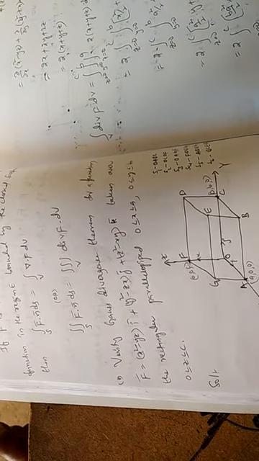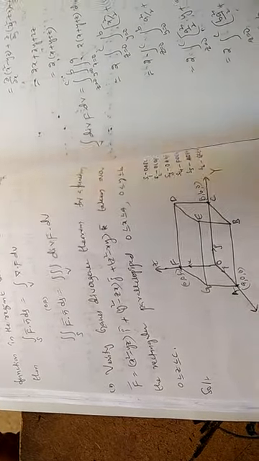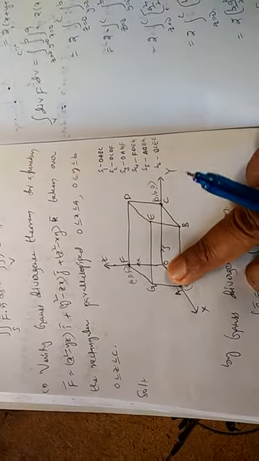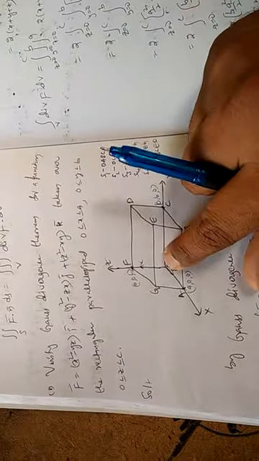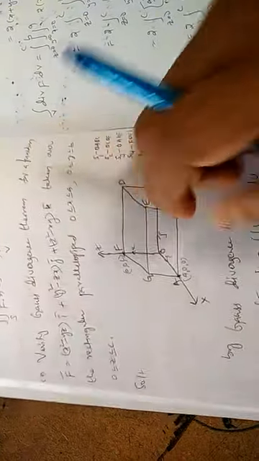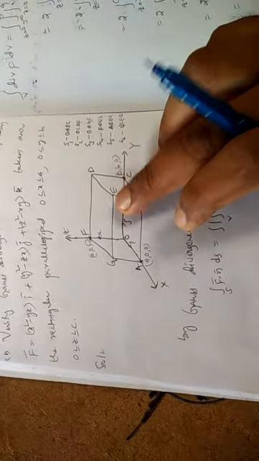It means x goes from 0 to a, y from 0 to b, z from 0 to c. That's why we have a rectangular parallelepiped, like a cuboid. Now we need to verify Gauss divergence theorem for this over the rectangular parallelepiped.